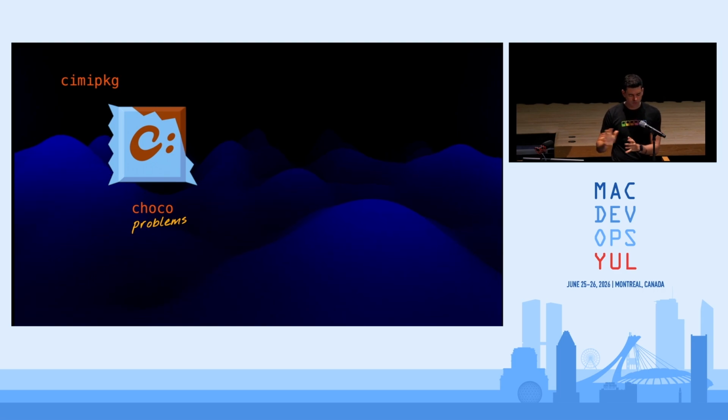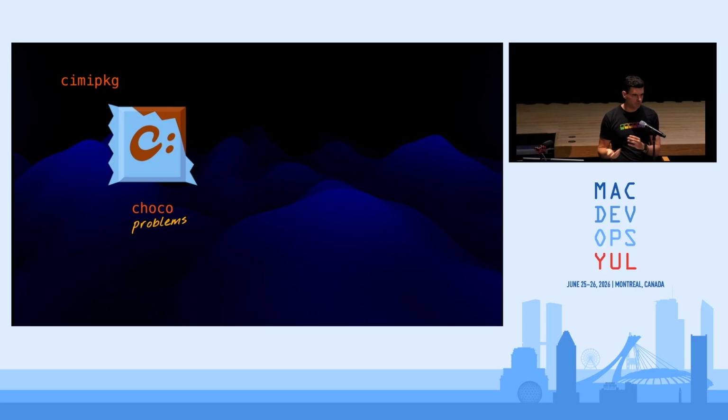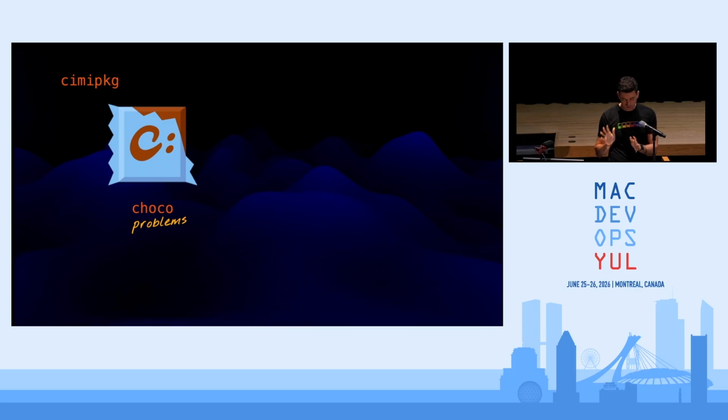And then it has all sorts of logic about how to deal with its own cache. Sometimes if there's too much in the cache, it wouldn't install. It was having problems with pre-install scripts, and if you've installed a package before, Choco doesn't want to reinstall a pre-install script.